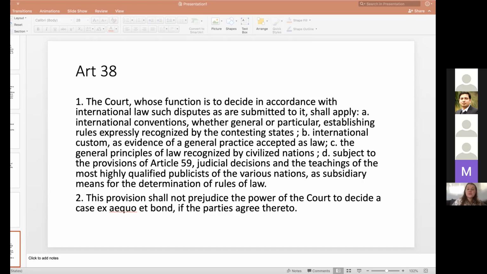So it is important to mention that in international law there is no doctrine of precedent, which is known in common law systems.